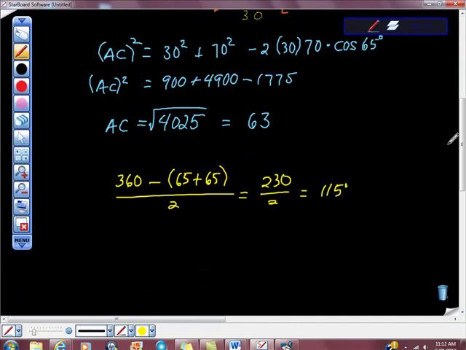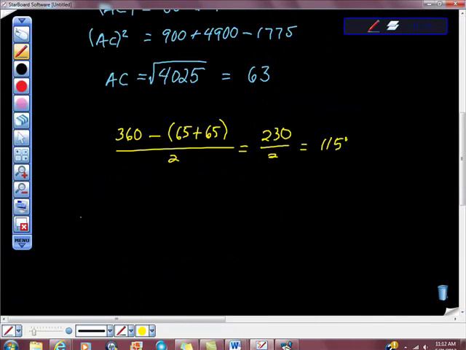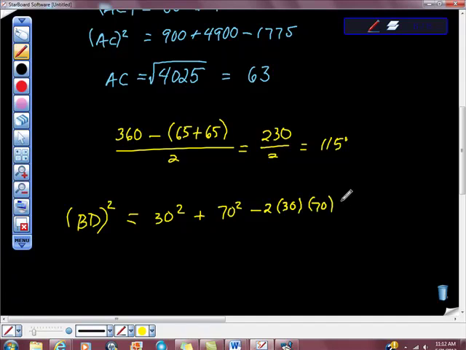So now we're going to work on that other diagonal. It's length BD. So BD squared, this again is me applying law of cosines. BD squared is equal to 30 squared plus 70 squared minus 2 times 30 times 70 times cosine of 115 degrees, right?